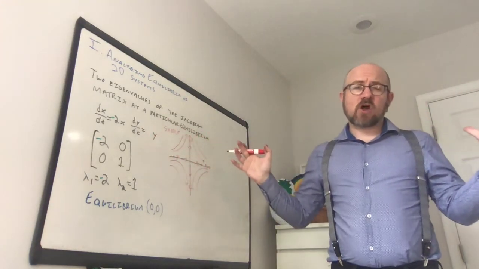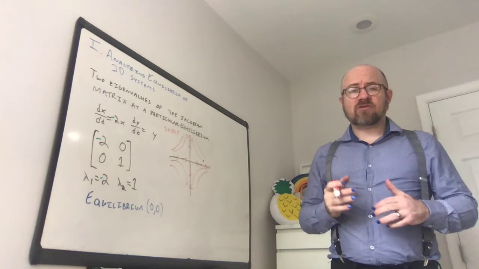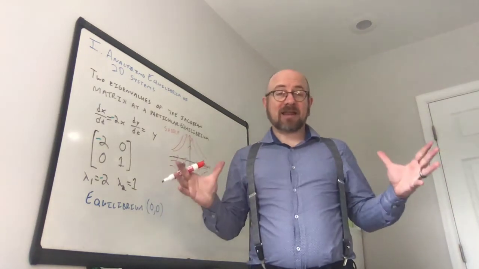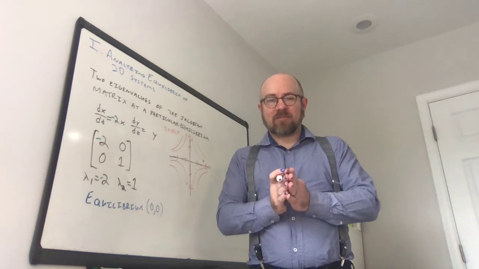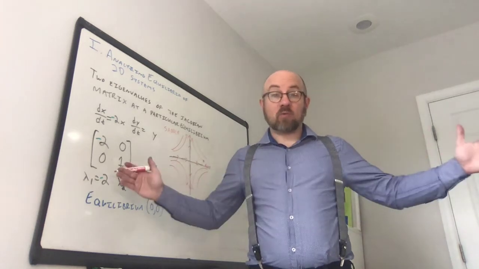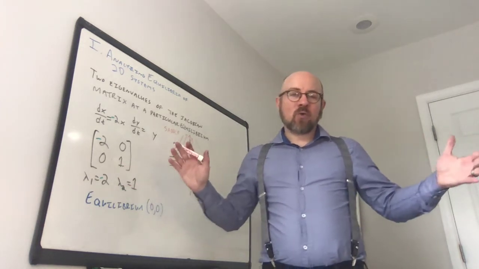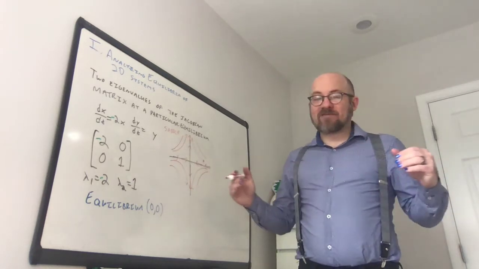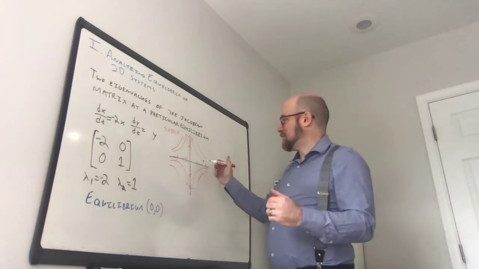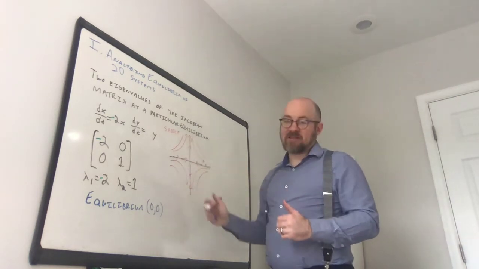Okay? So that's what I was saying about how in 2 dimensions, there's more complicated things, right? In 1 dimension, either we collapse down to the equilibrium, we approach that value, or we went away from it. Here, we can approach it, we can go away from it, or we can kind of approach it in one direction and go away from it in the other direction.